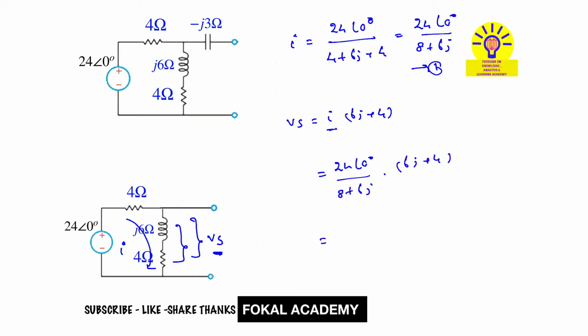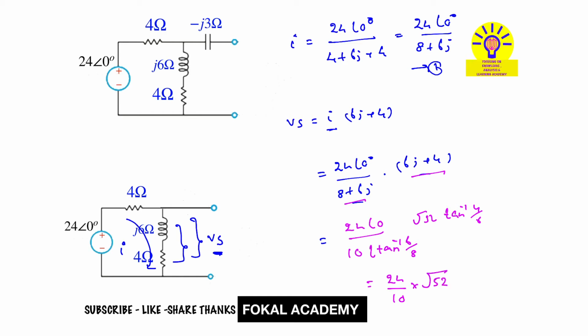Convert this into polar form. Then it becomes 24 with angle 0, divided by 10 with the angle of tan inverse of 6 by 8, and here root 52 magnitude with angle of tan inverse of 4 by 6. So it becomes 24 by 10, into root of 52.